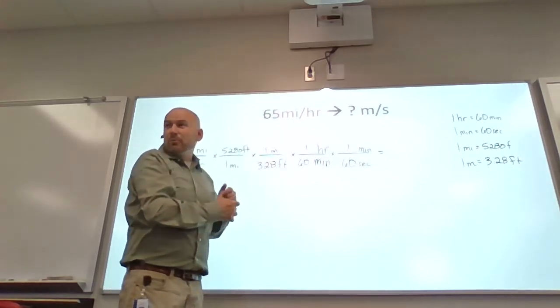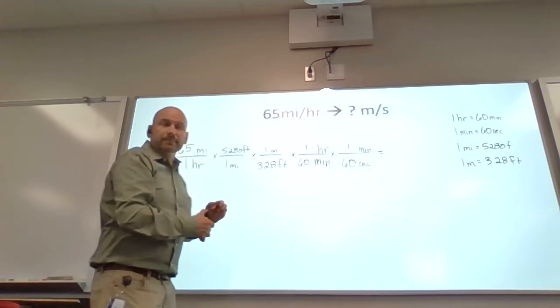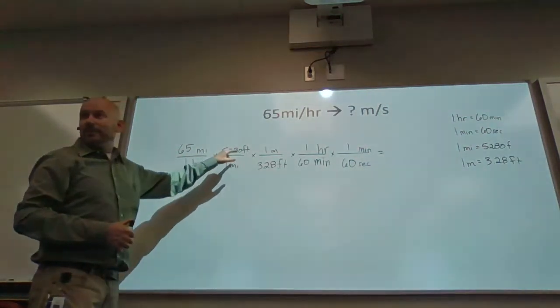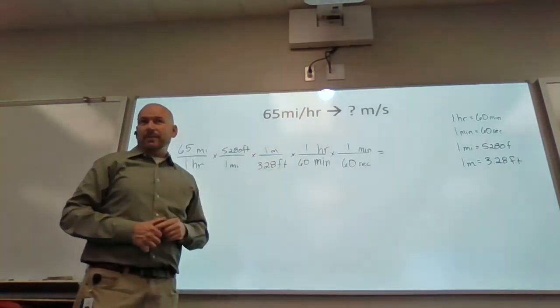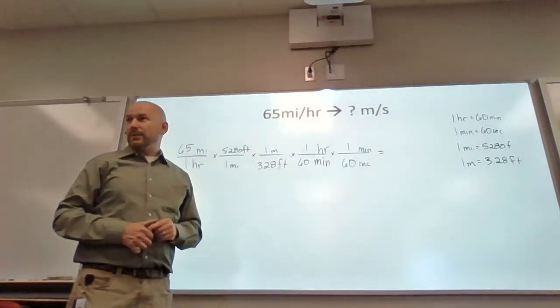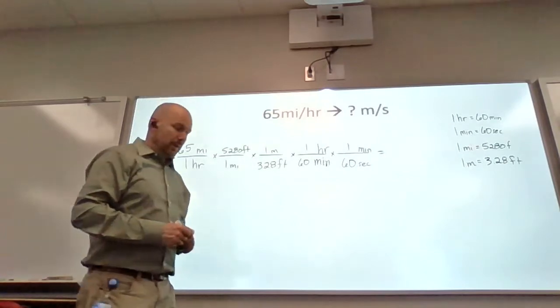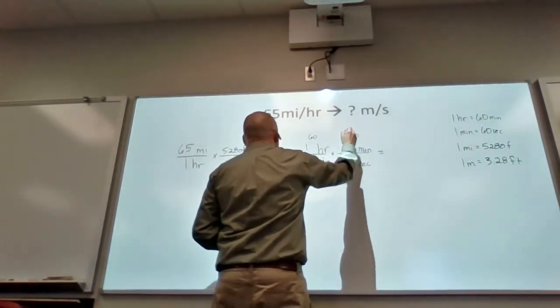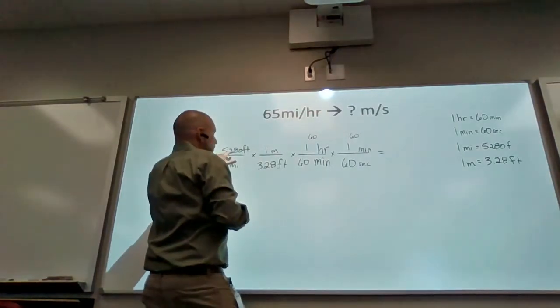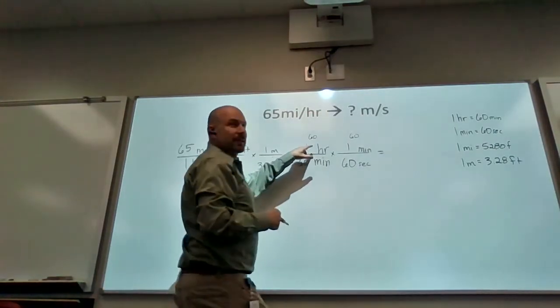Here's a very popular wrong way to do it: 65 times 5,280 divided by 3.28 times 60 times 60 without the parentheses. Here's why that is wrong. When you enter it that way, your calculator thinks 65 times 5,280 divided by 3.28, then times 60 times 60.